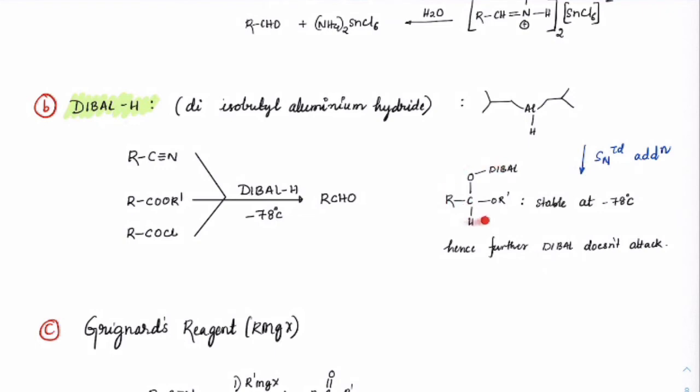So directly we will do hydrolysis after this. If you do hydrolysis, all other DIBAL-H will be lost, as well as this will get rearranged to form aldehydes.